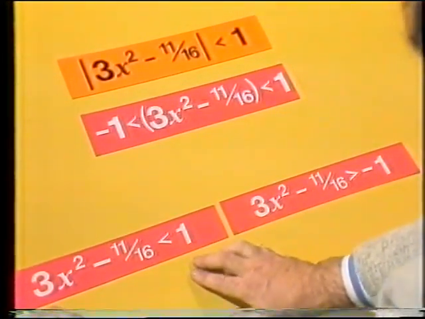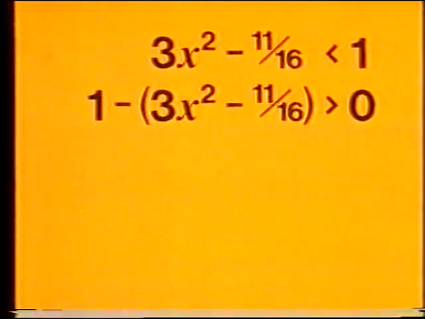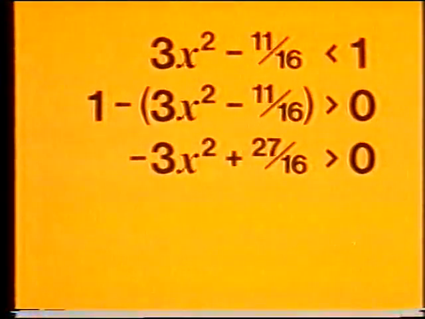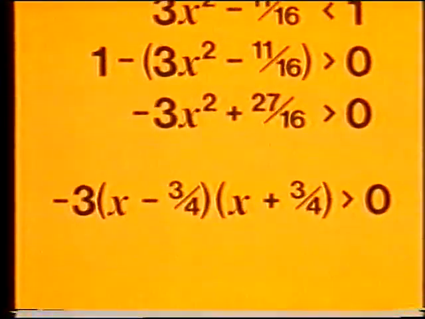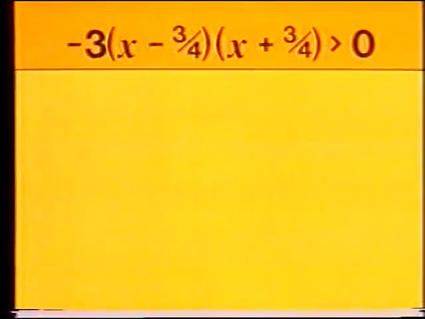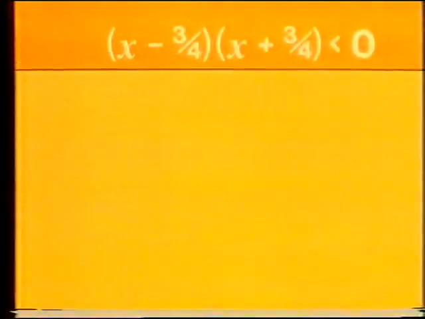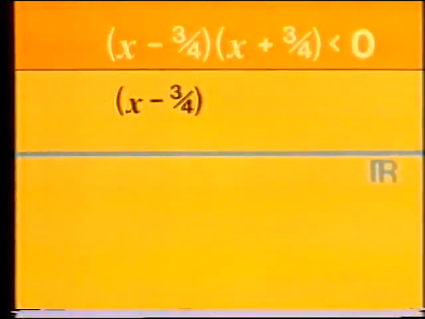Well, we'll start with the left-hand inequality. This means that 1 minus the quantity (3x squared minus 11)/16 is greater than 0. And that simplifies. And now factorize. So we're looking for values of x where this expression is positive. As -3 is negative, we want the rest of the expression to be negative as well. And the way to do that is to look at the two factors separately. We'll draw a sign diagram for x minus 3/4.